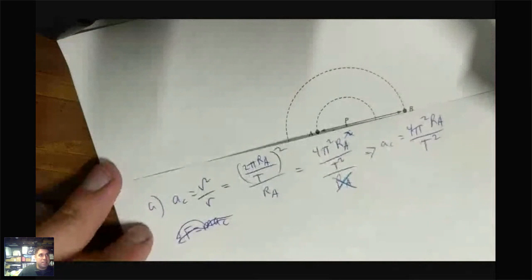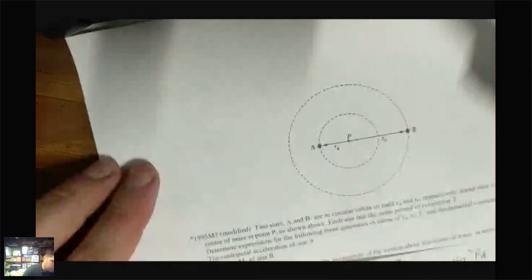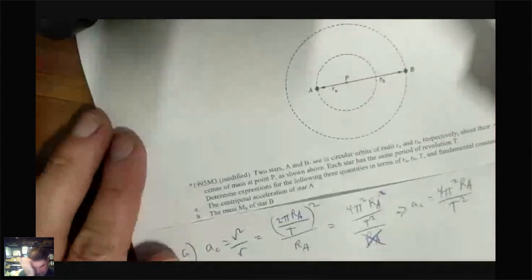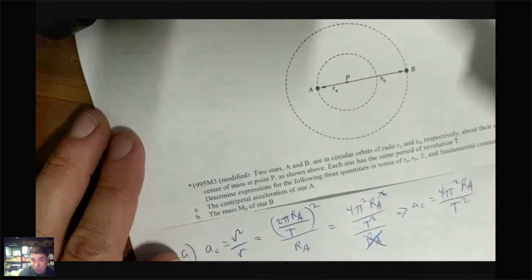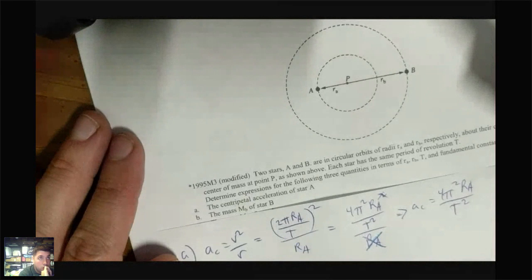Part B says to find the mass of star B. Okay, so I want to find the mass of star B. What can I do here? We don't know the acceleration of B. We don't know the force.